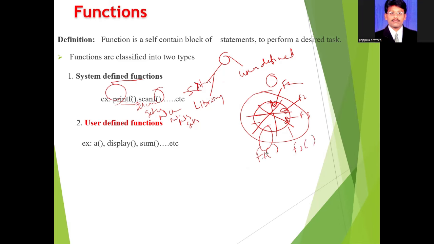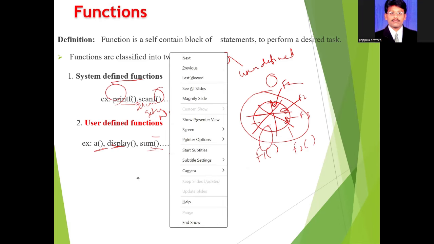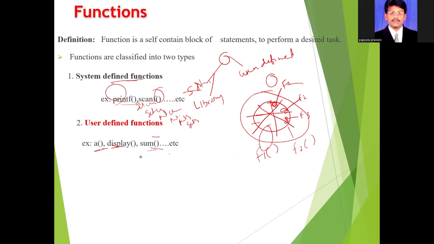Any word followed by a bracket symbolically represents a function. Now I am taking some examples: display is a function, sum is a function. This is user defined. User defined means we take our own function name as we wish.